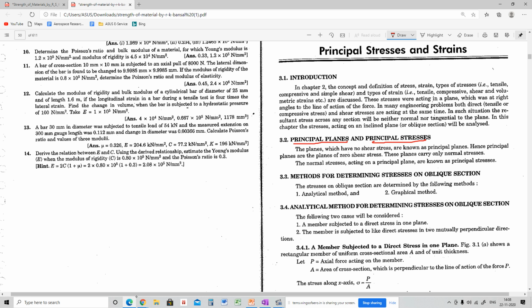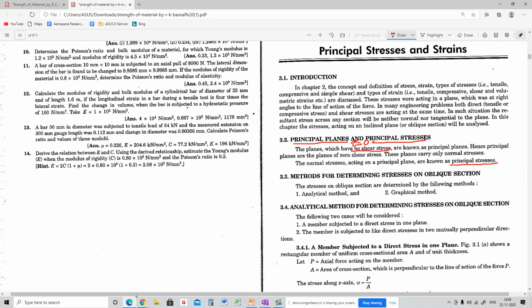So we should understand what a principal plane and principal stress are. The plane which has no shear stress, where shear stress is defined as tau, so tau will be 0, is called a principal plane. The stresses caused by the transformation are called principal stresses.